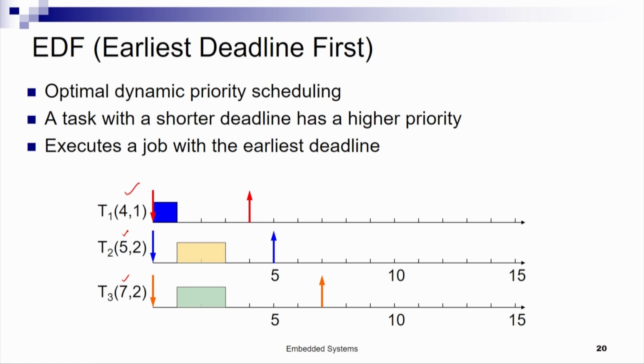Now, after T1 completes at time 1, the second job of T1 will arrive only at 4, and so the remaining jobs that are active are that of T2 and T3, and T2 gets a chance to execute because it has the next earlier deadline.